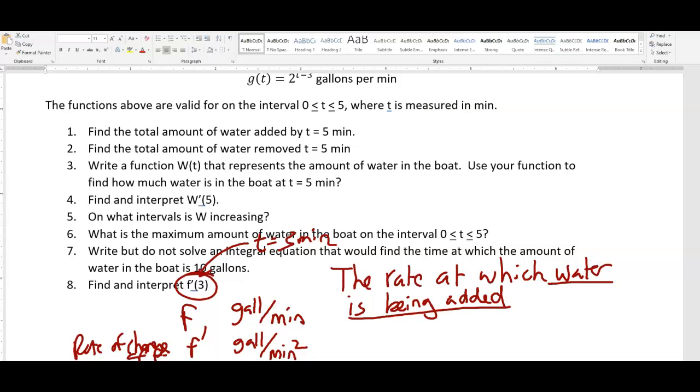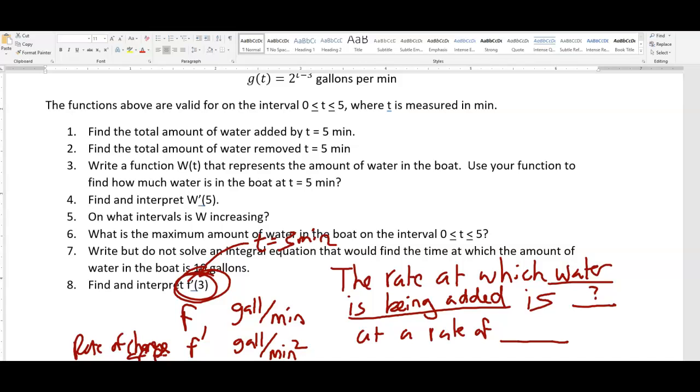So the rate at which f is occurring is either increasing or decreasing. We're going to put a question mark there for now. The rate at which water is being added is increasing or decreasing at a rate of blank, because I haven't actually calculated it yet, so I don't know.